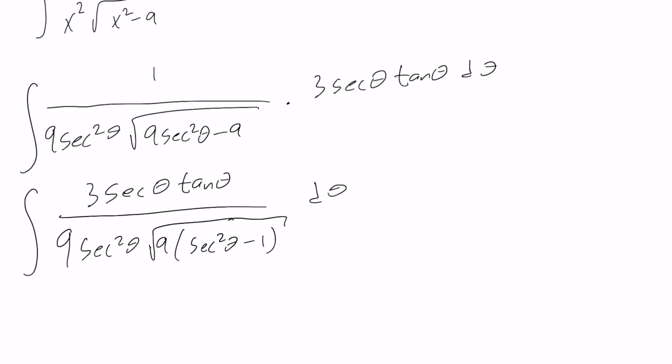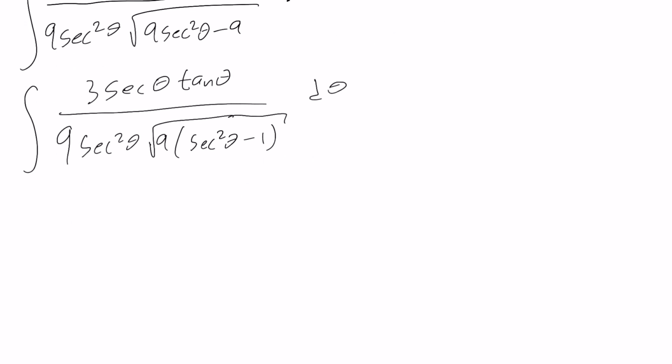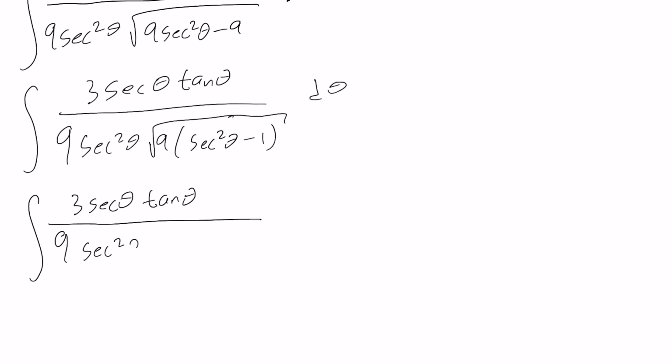And oh ho ho, what rears its ugly head again but the trig identity. Remember that secant squared theta minus 1 is the same as tangent squared theta. So this whole thing becomes the integral of 3 secant theta tangent theta divided by 9 secant squared theta times the square root of 9 tangent squared theta, all d theta.